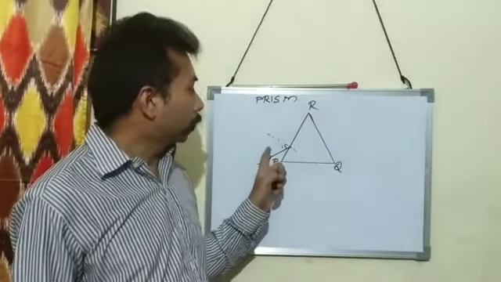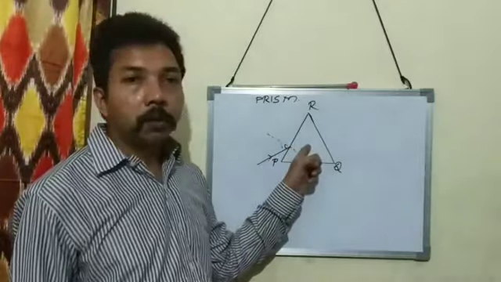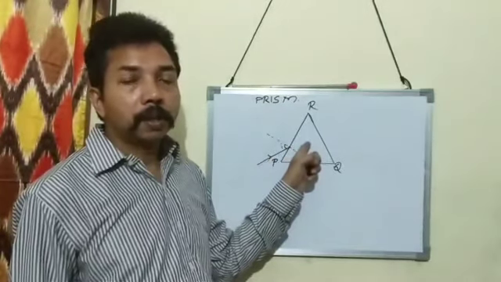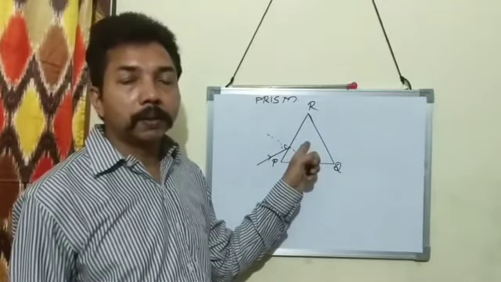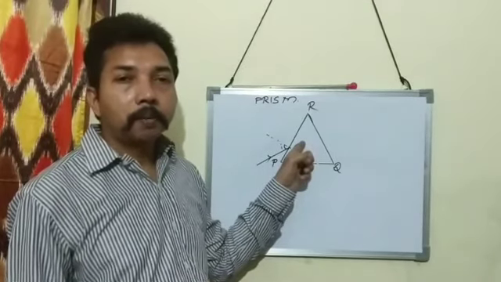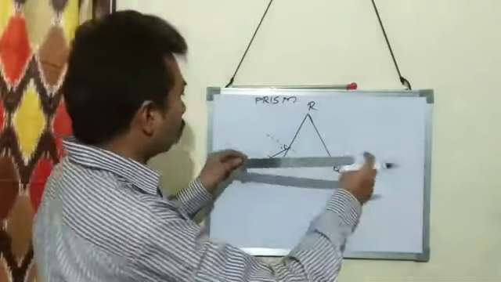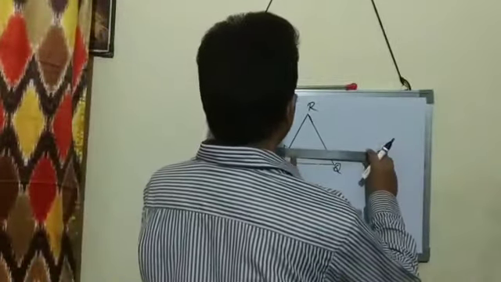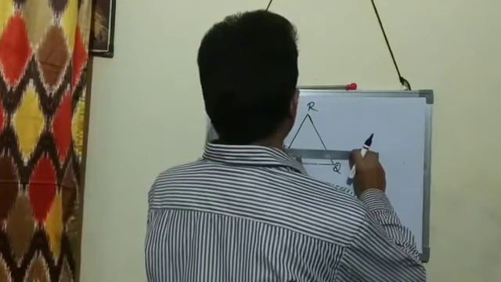Since the ray passes from rarer to denser medium, the refracted ray bends towards the normal.